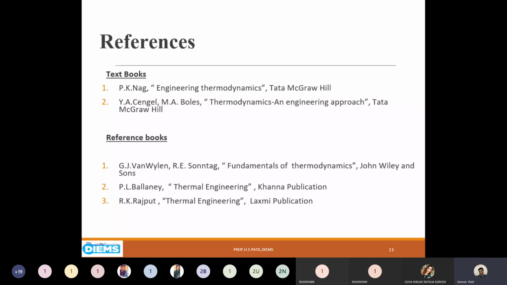Then Cengel and Boles, Thermodynamics: An Engineering Approach. Along with that, certain reference books are listed, Van Wylen and Sonntag. These books are all available with me. If you are a local, you can come and consult me. I will provide them, or all these books are available in the library.